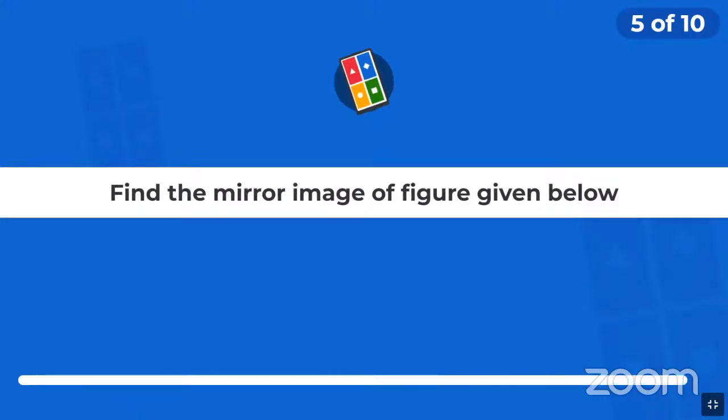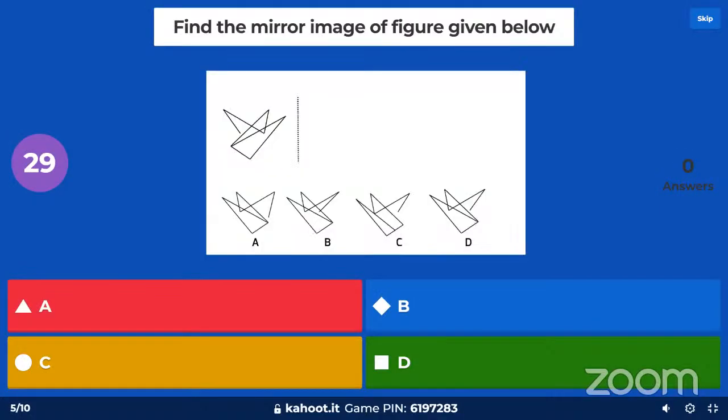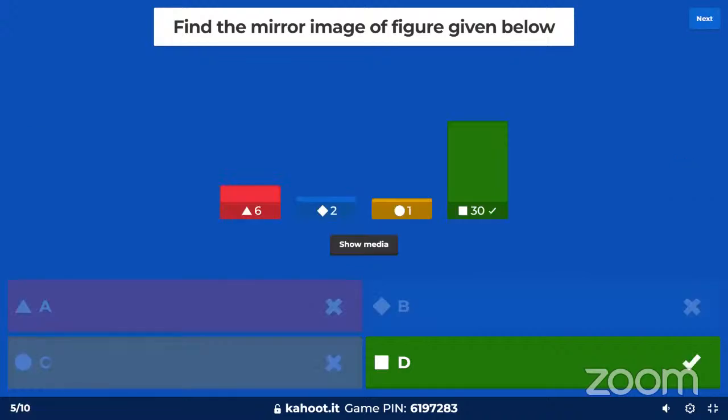Find the mirror image of the figure given below. So time's up.